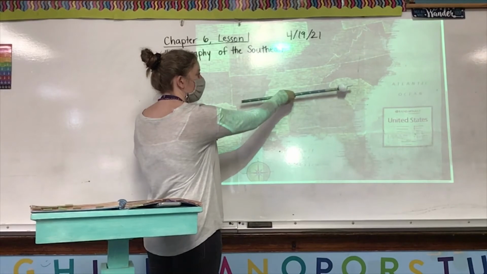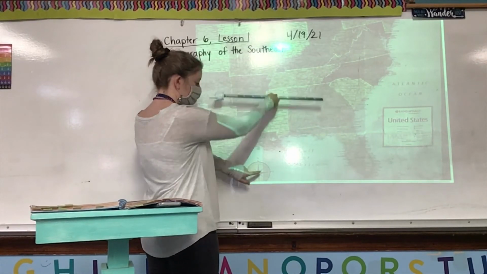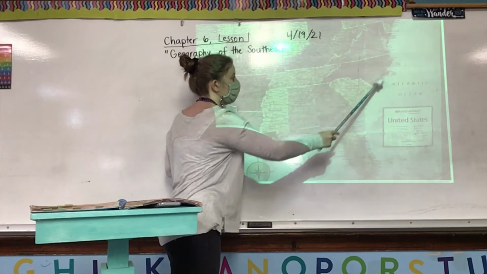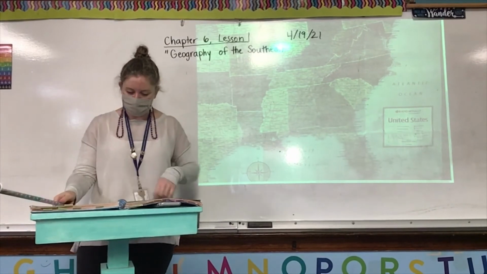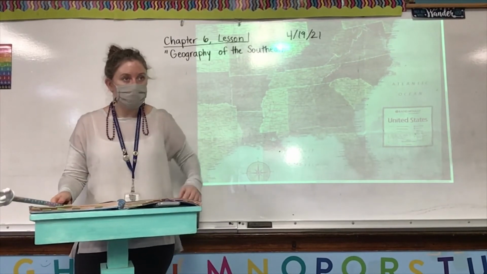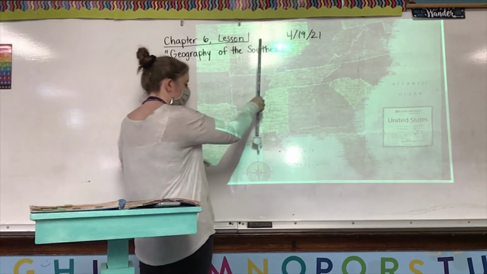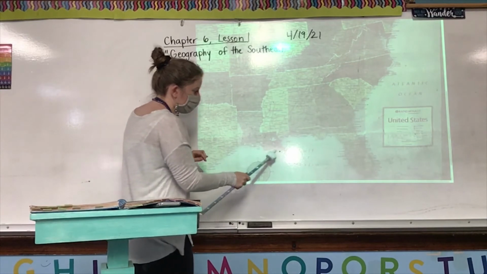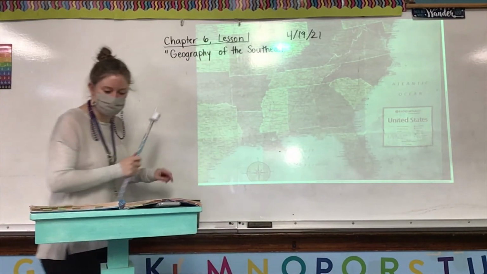North, east, south, west. So the eastern border of the southeastern states is the Atlantic Ocean. Keep going. The Gulf of Mexico forms its southern border. So we know south is down here, and along the southern border, we have the Gulf of Mexico.